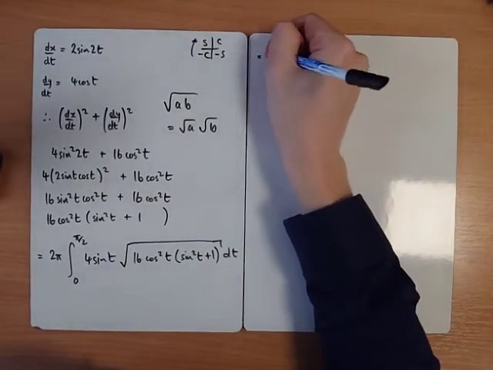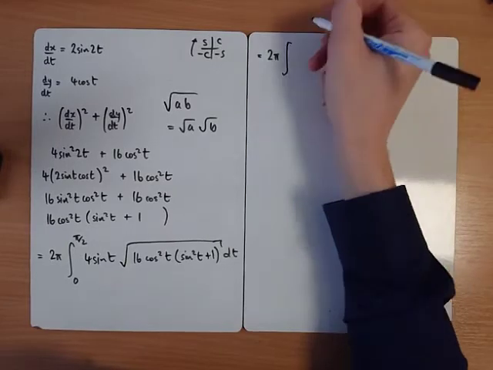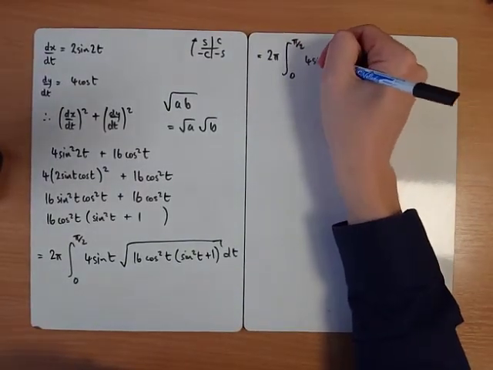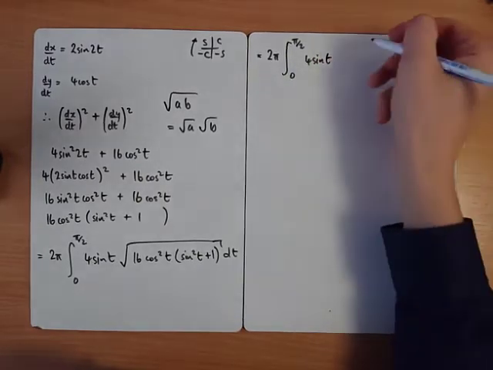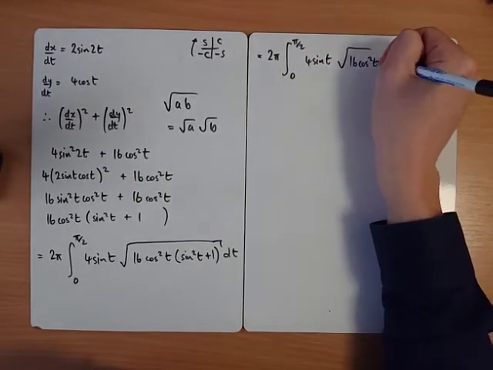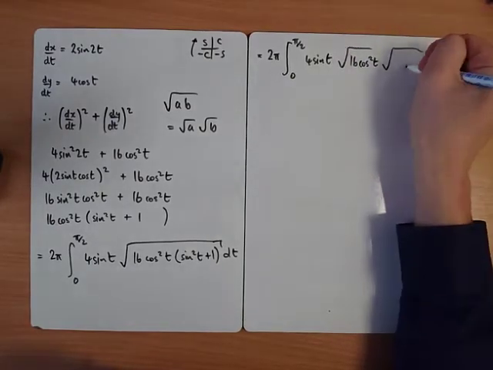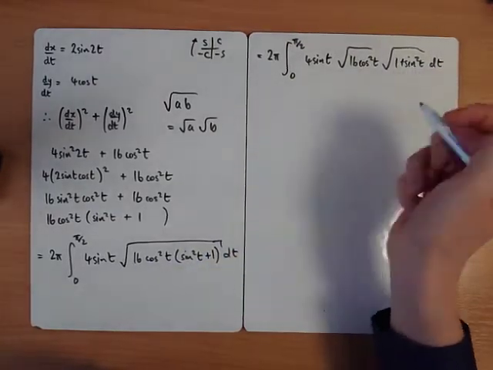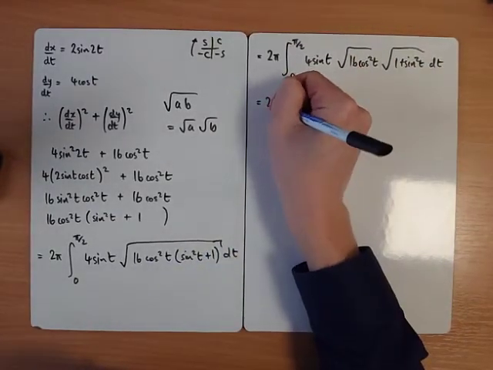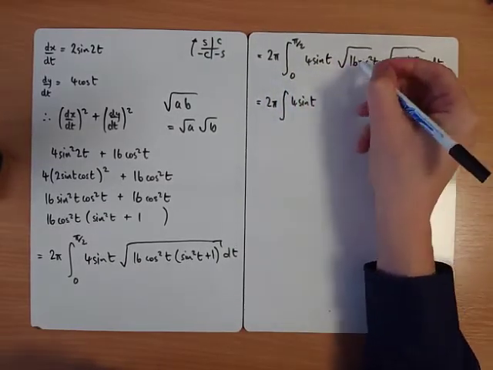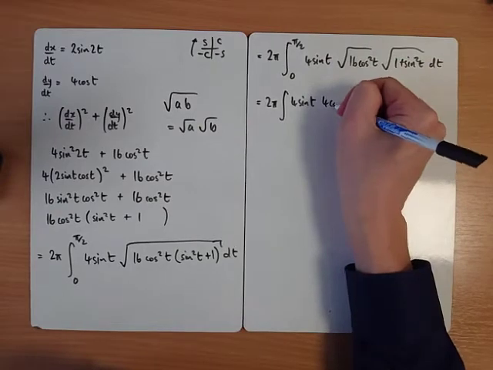So we're nearly there. Split this out, that would become 4 cos t.